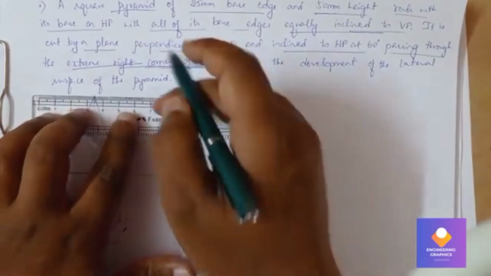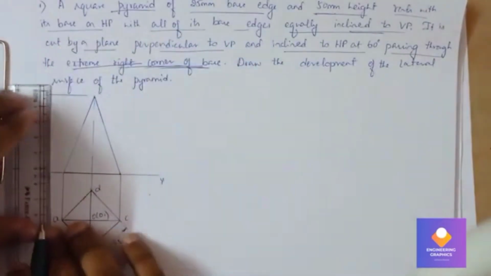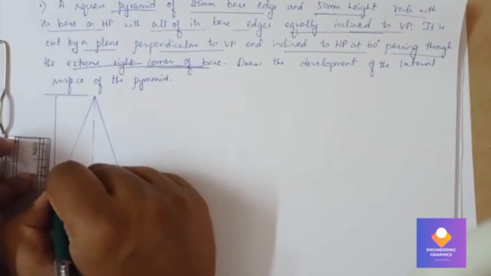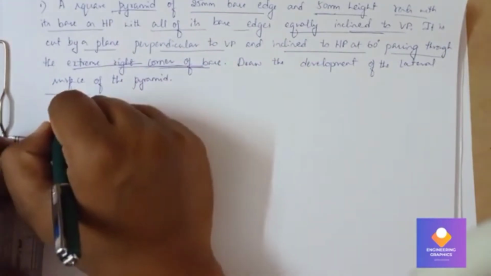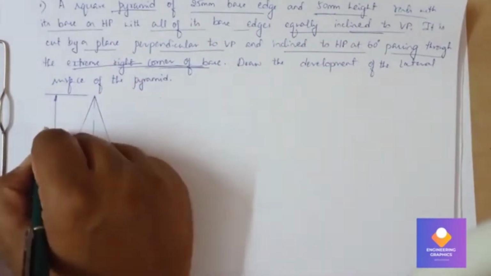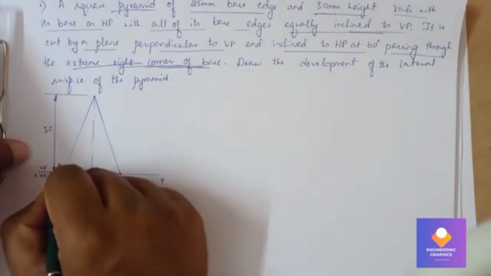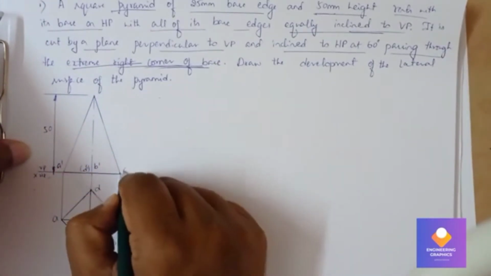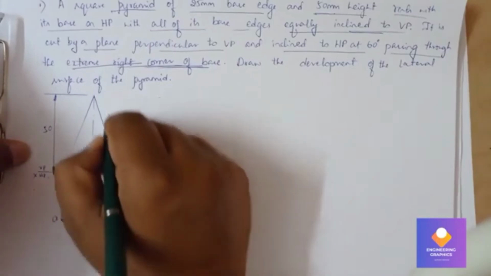Show the dimension, 50 mm. Mention the naming A dash, B dash, D dash in bracket, and C dash, O1 dash and O dash.